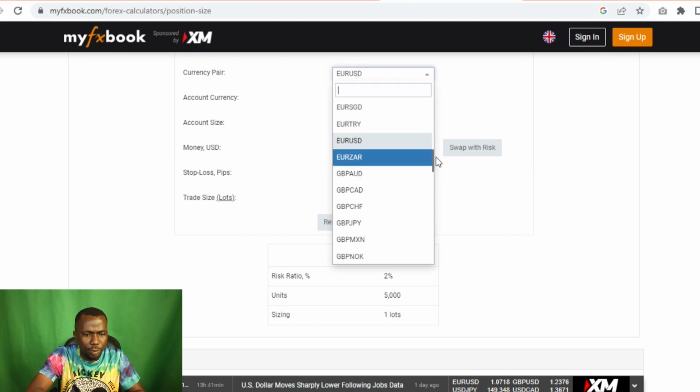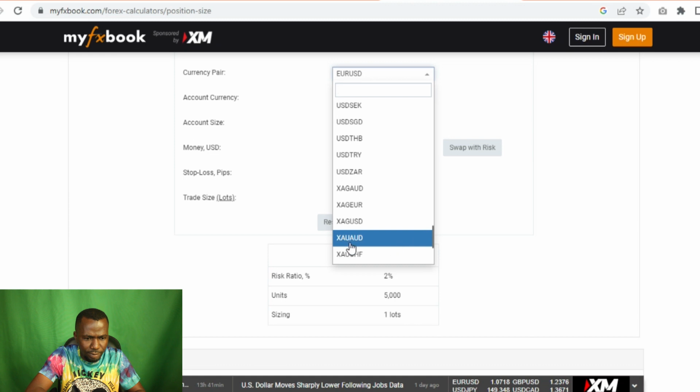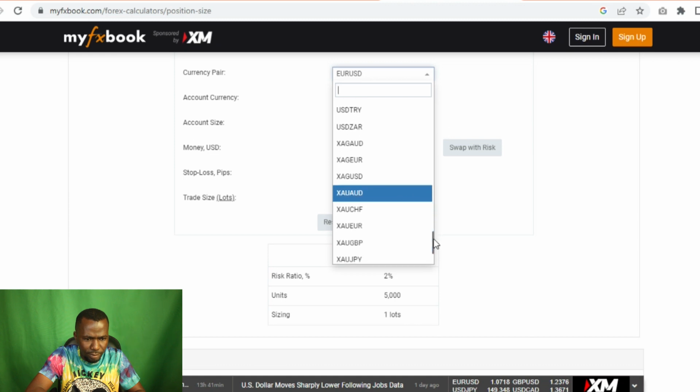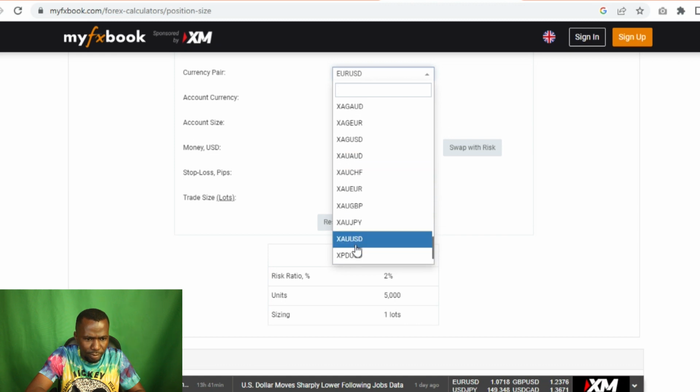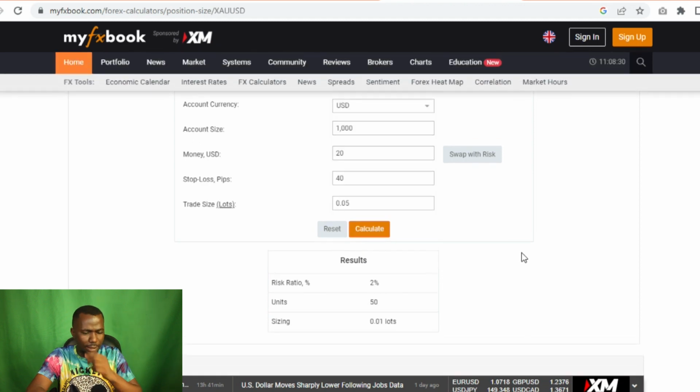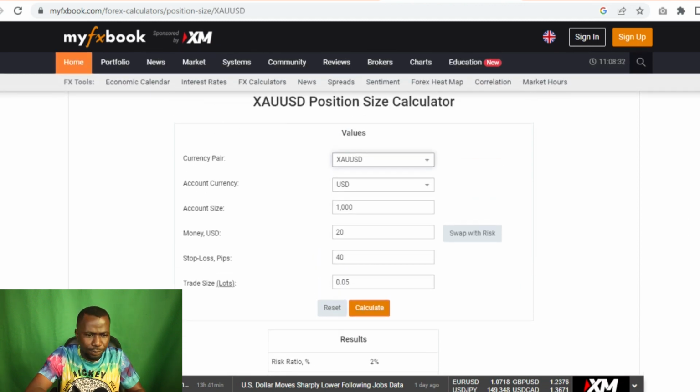Let's say, for instance, you are making use of gold. Okay, let's assume you are making use of gold. Now this is currency pair gold and the currency account USD.